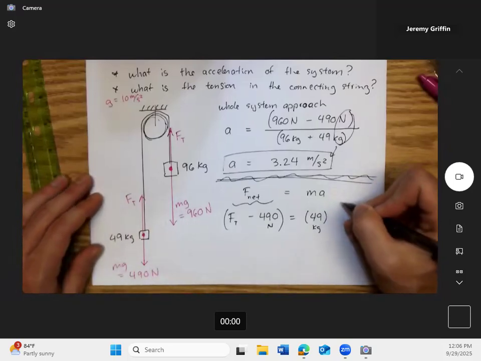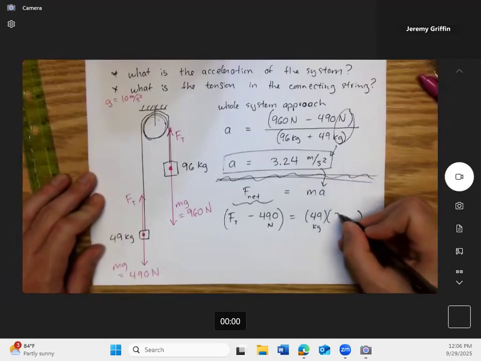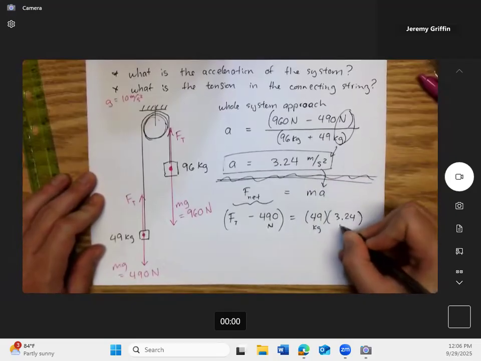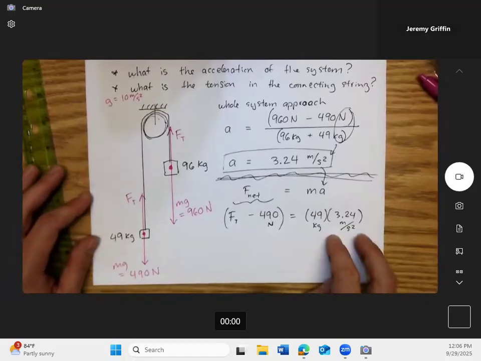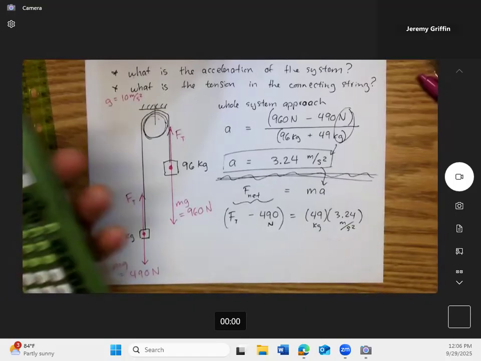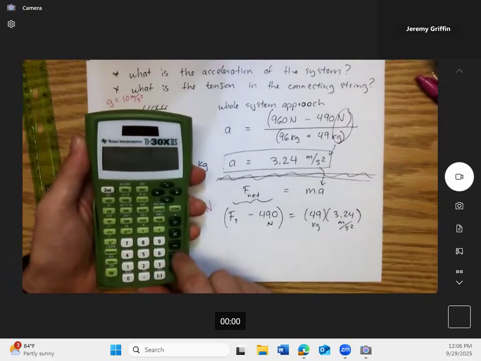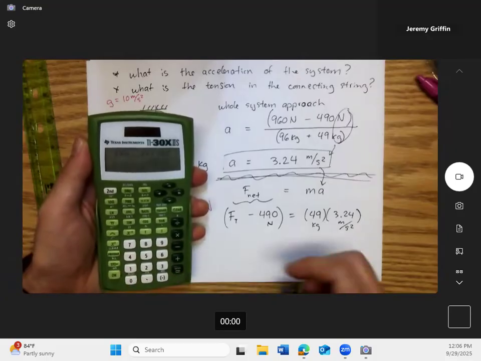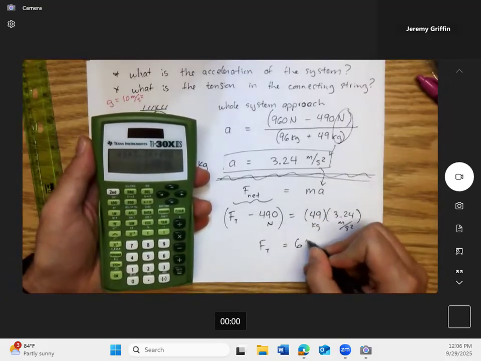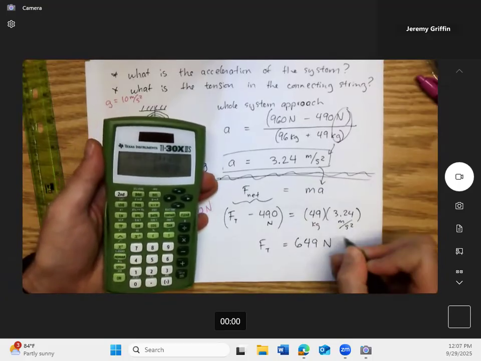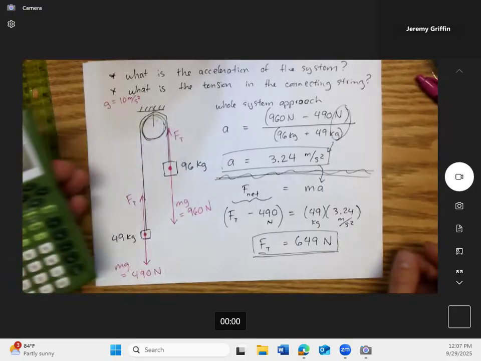And how much does it accelerate? 3.24 meters per second squared. So multiply 49 times 3.24, then add 490. I'm getting the tension force is 649 newtons. That's the tension in the connecting rope.